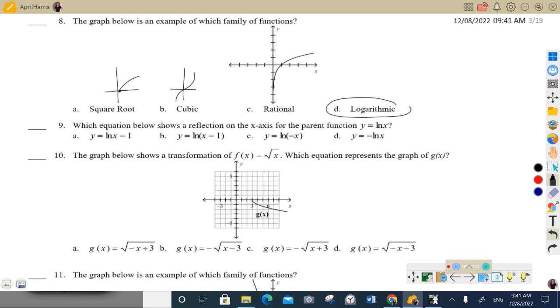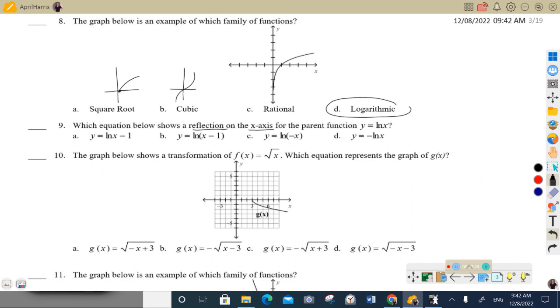So it says, which equation below shows a reflection on the x-axis? Now this was a harder question for y'all on the first test. Reflection on the x to the parent function. So now I got a question. Reflections, what are we looking for in the equation? A negative. If you reflect on x, do we want x to be negative?